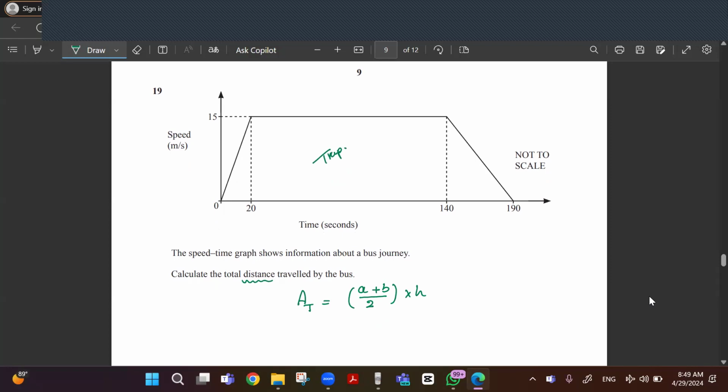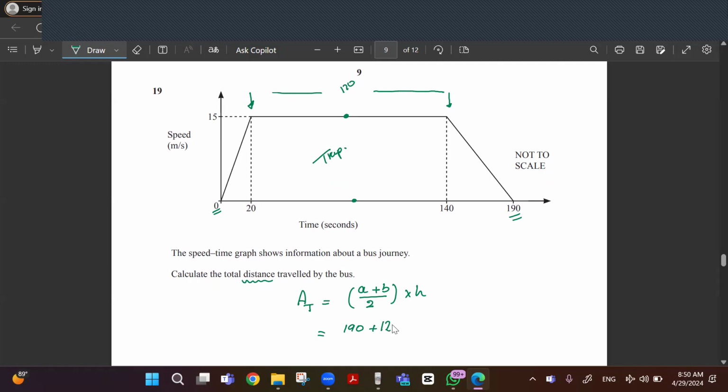Where are the two parallel sides? This one and this one. The first one from 0 to 190, so 190. The second one here from 20 to 140, that means it is 120.